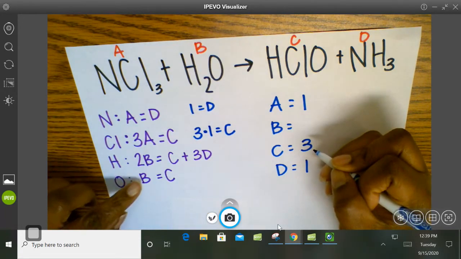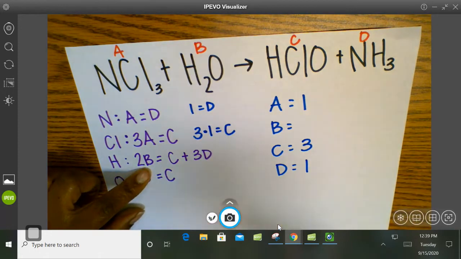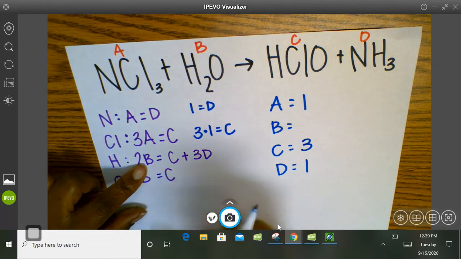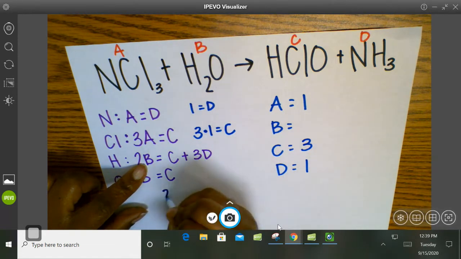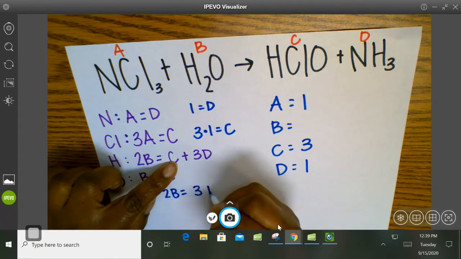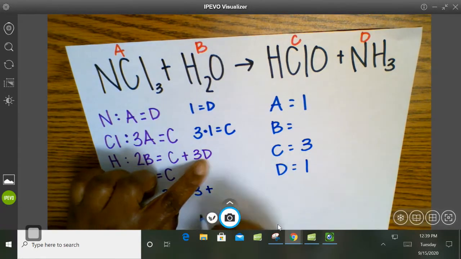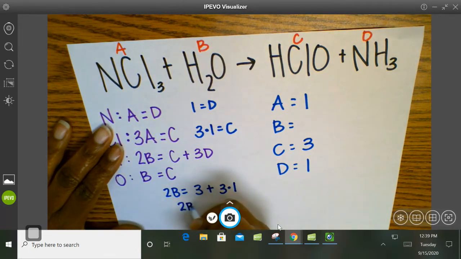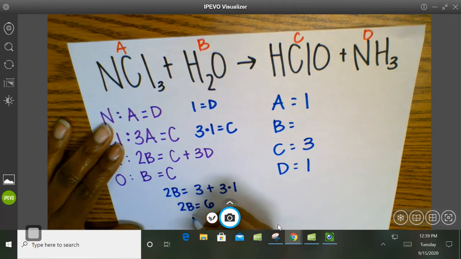And then, you know what, I'm going to go difficult, okay? So to figure out B, all right, it says 2B is equal to C, which is 3, plus 3 times D, which is 3 times 1. So 2B is equal to 6.